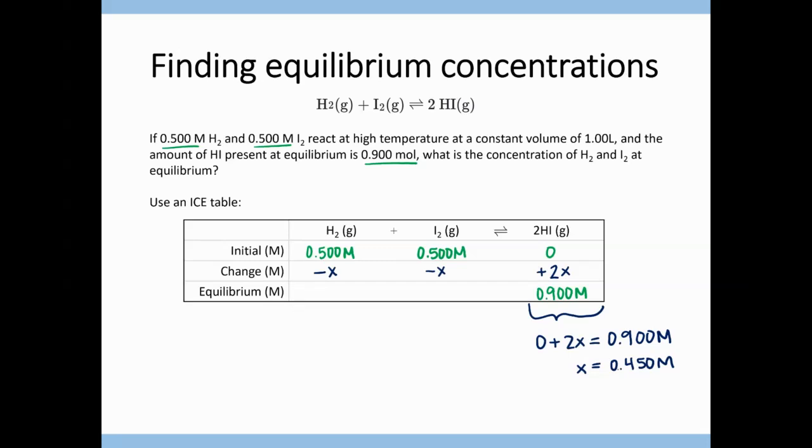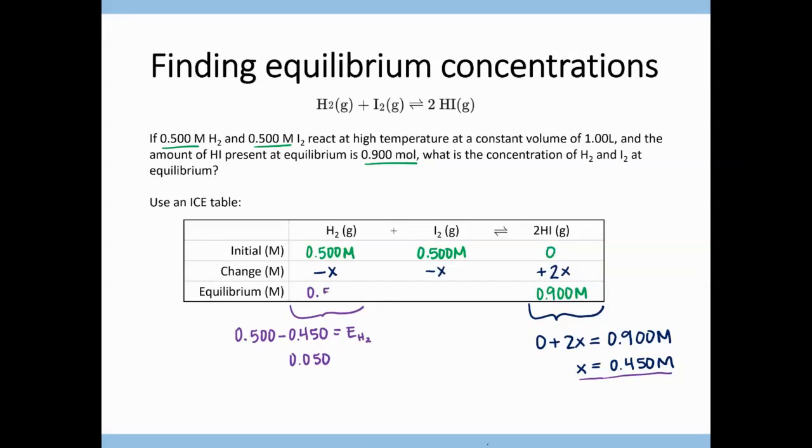So for H2, we know X is 0.450. Then we have 0.500 minus 0.450 equals the equilibrium concentration. I'm just going to put capital E for that, for H2. Simplifying the left side, that's 0.050.